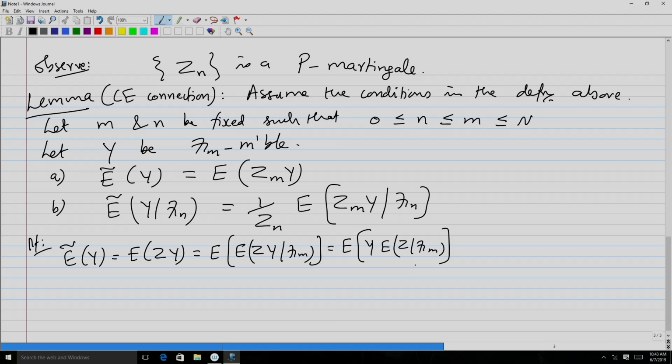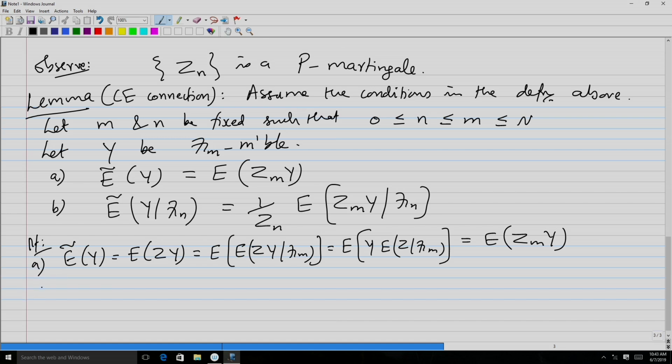So, you are using the property that Y is F_m measurable and taking it out. First is the Tower property, the second is the measurability property, or taking out what is known. Now, what is the expectation of Z given F_m? As per our definition, it is simply Z_m, times Y. So, this is the first part A, very simple.